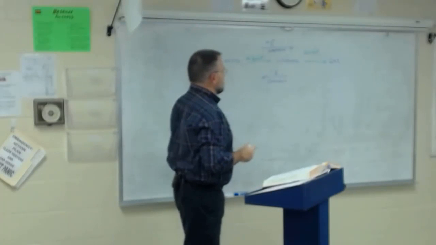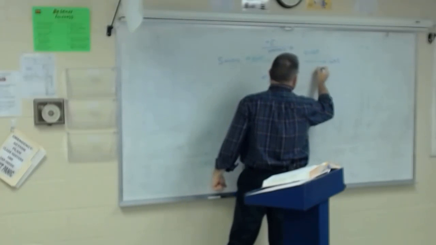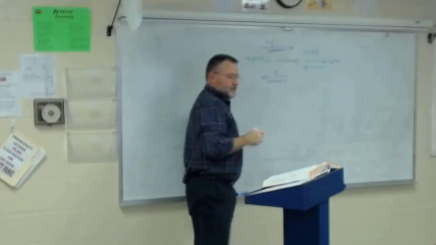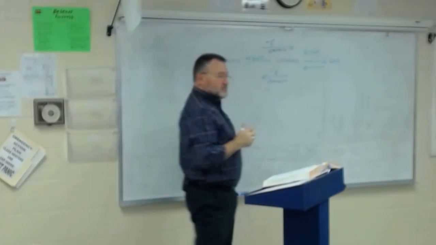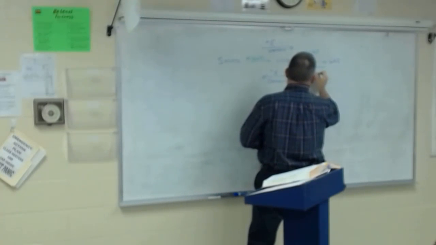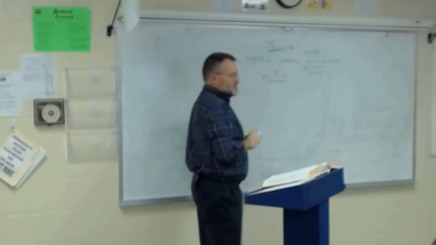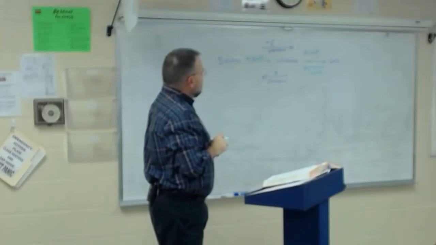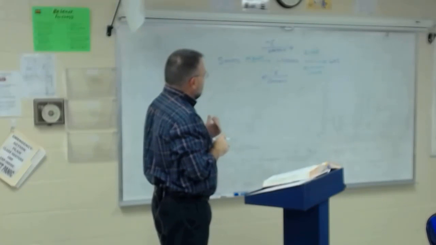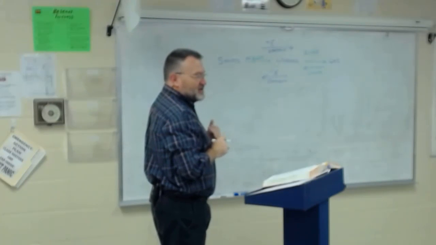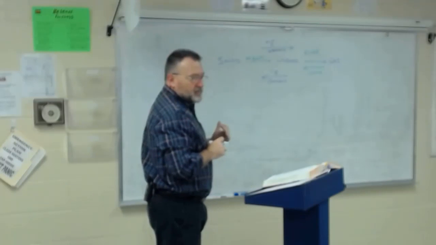Going in the opposite direction, when we are taking something from a gas to a liquid, that is condensation. Not condescending, but condensation. So to condense something from a gas to a liquid, we take water vapor and we condense it, it begins to rain.